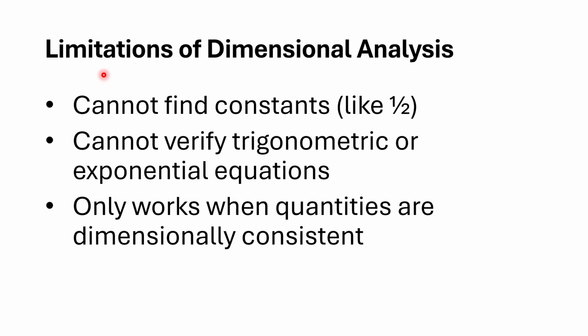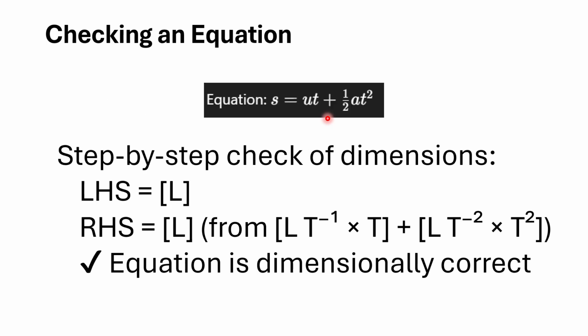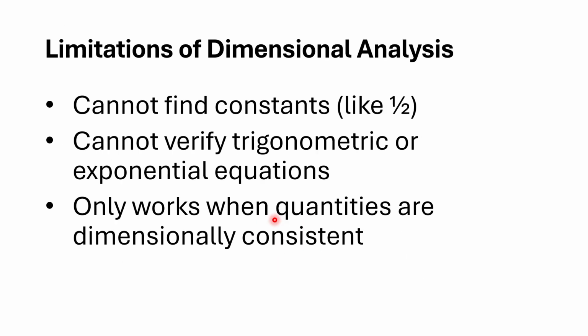So here also the limitations of dimensional analysis. Dimensional analysis has some limitations, that it cannot find the constants. As I told you, forget about the 1 by 2, and after the derivation we have the 2L. I told you to forget about that because it's a limitation of dimensional analysis. It cannot find the constants, and cannot verify trigonometric or exponential equations.